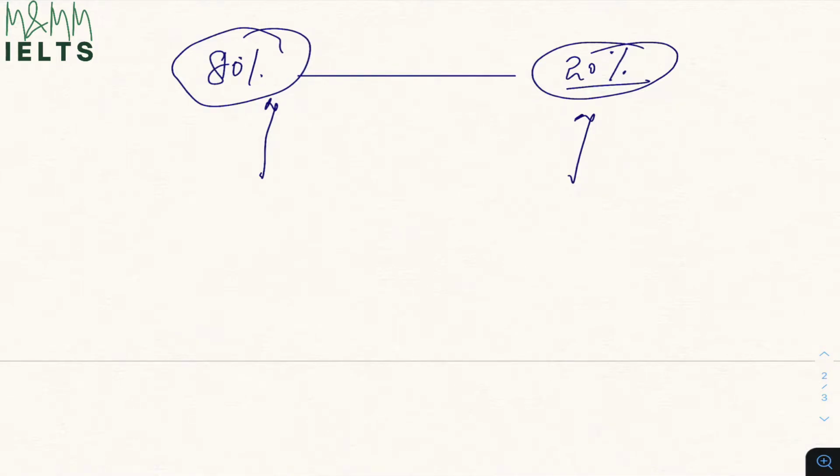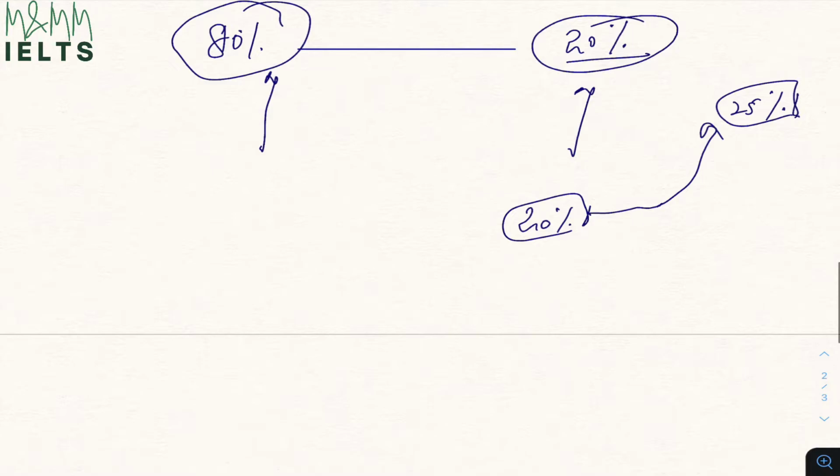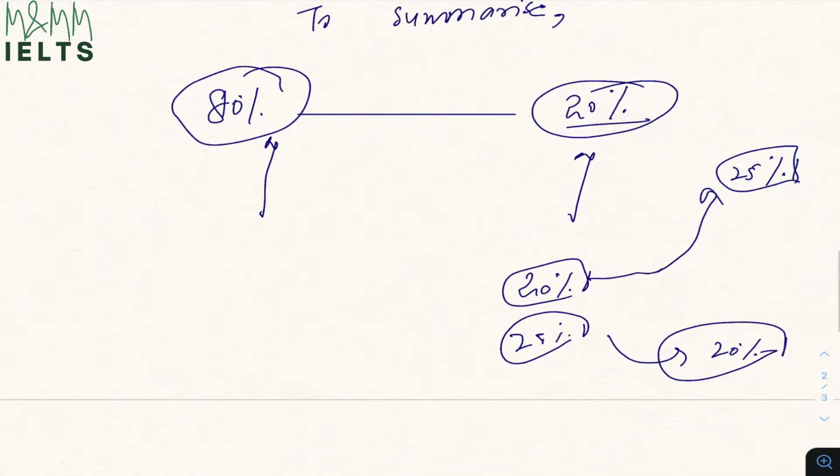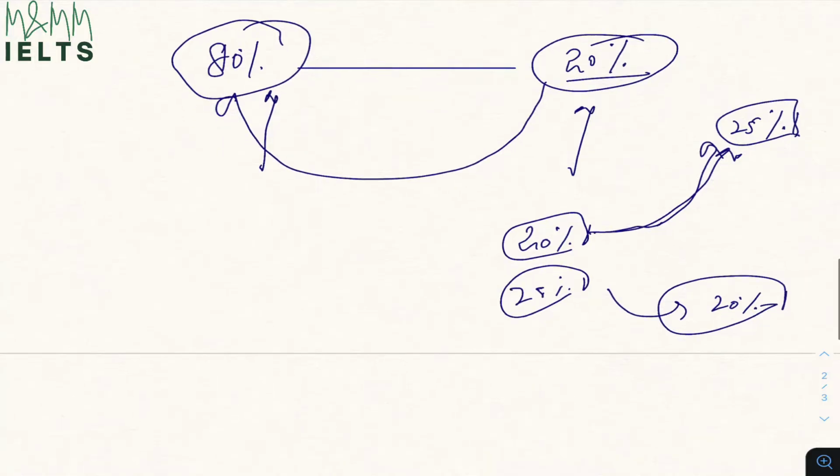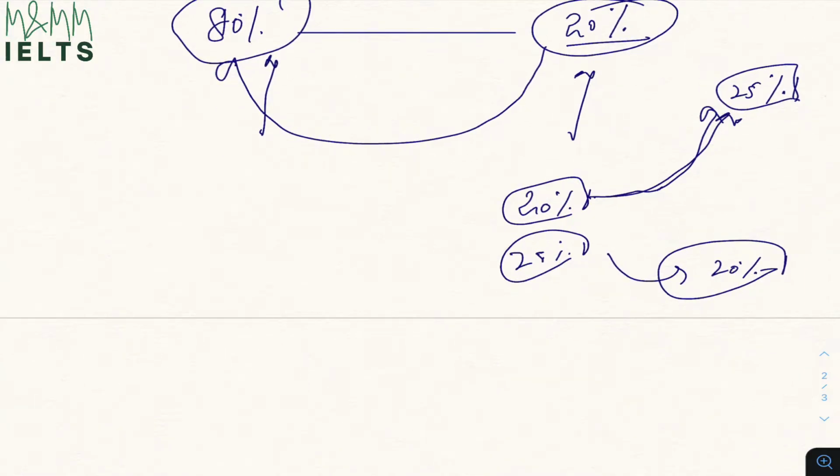There may be a scenario when something was 20%, but then increased to 25%. There may be a scenario the other way around, something was 25% and reduced to 20%. I hope it's making sense, that there could be a drastic, a major difference, a slight difference, or a moderate difference. So depending on what sort of trend you are looking at, your choice of words is also going to change alongside.